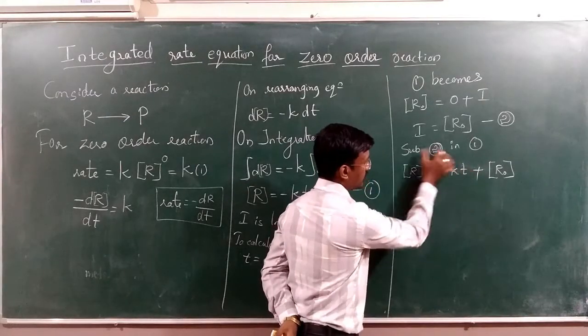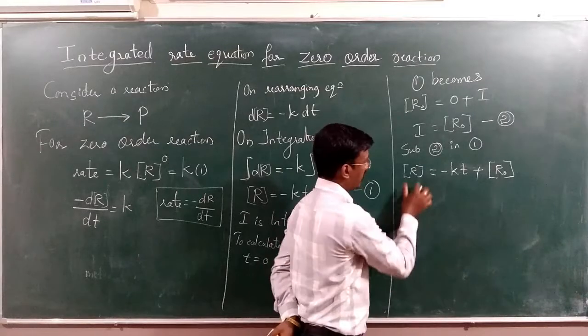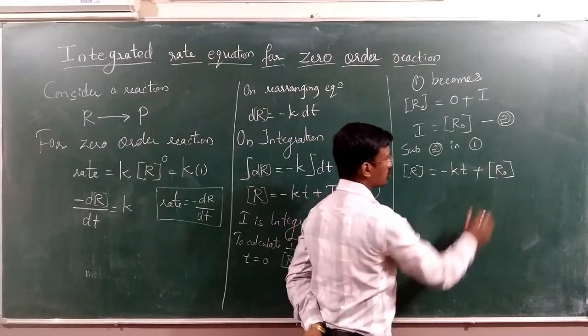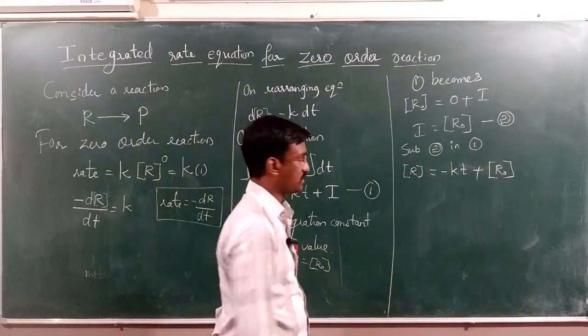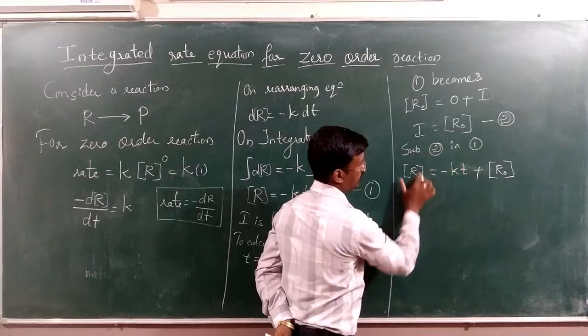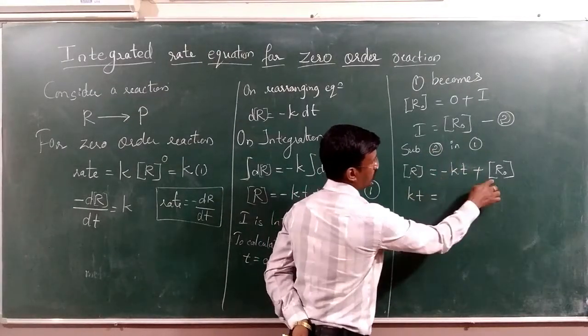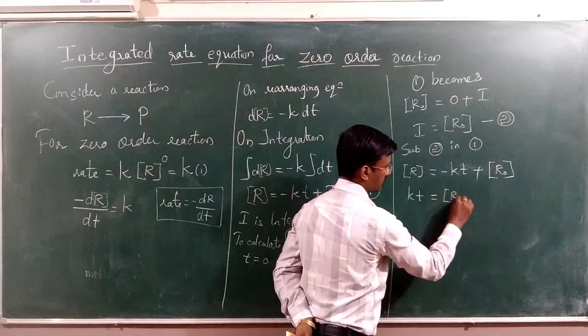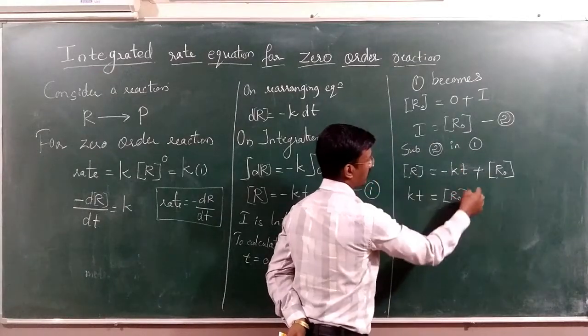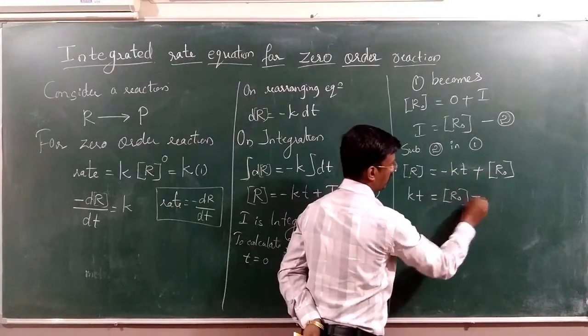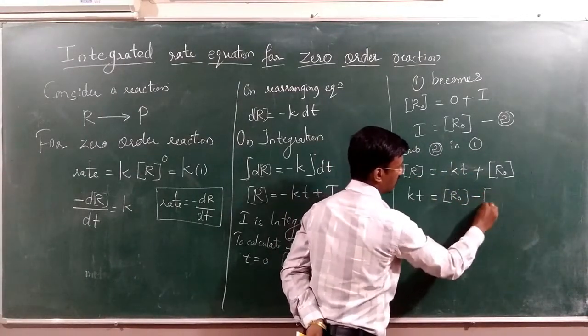The minus, when it comes to the left, becomes plus, and the plus of R, when it moves to the right side, becomes minus. Therefore, taking this minus KT to this side, it becomes plus KT is equal to R naught, as it is, minus the concentration of R.